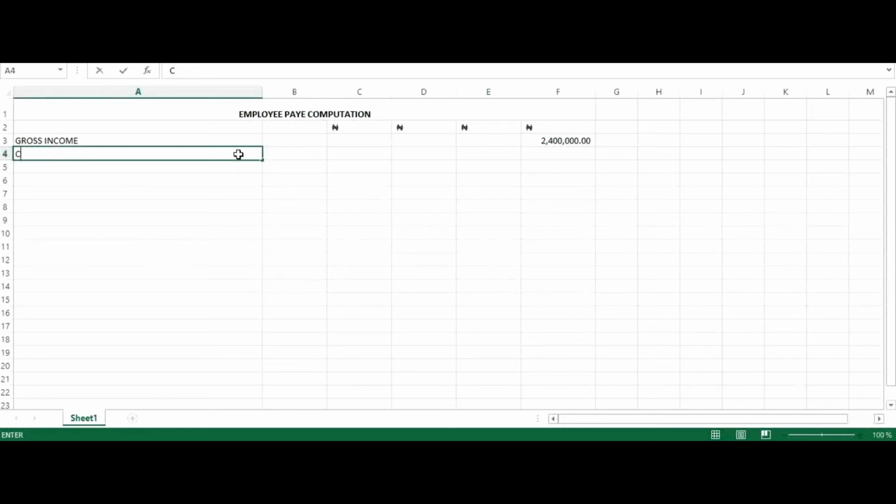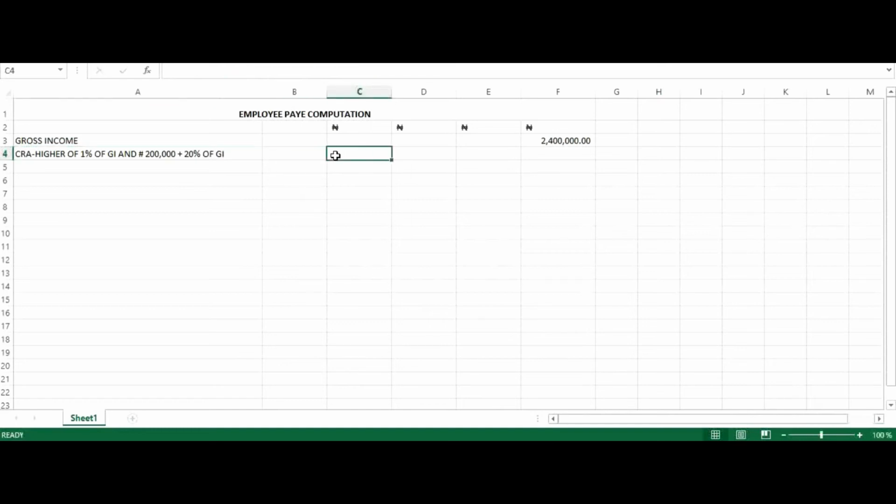The first thing is the consolidated relief allowance, which is the higher of 1% of the gross income and 200,000, plus 20% of the gross income. Hope this is clear. So we're going to do it right now.